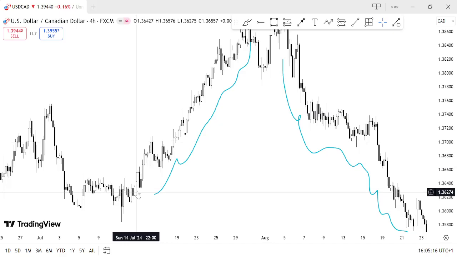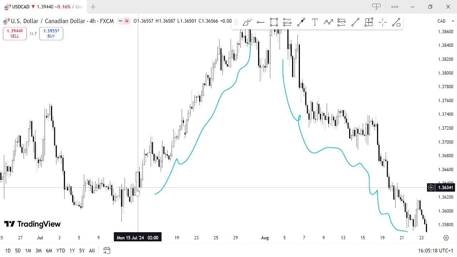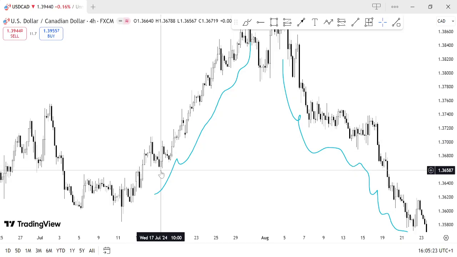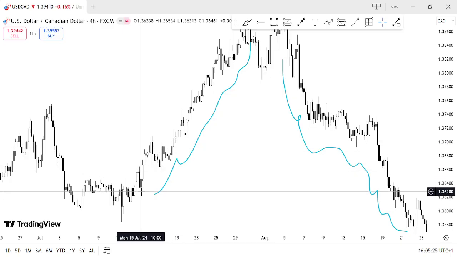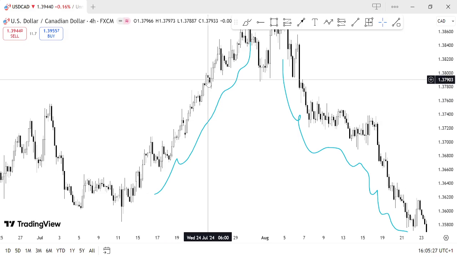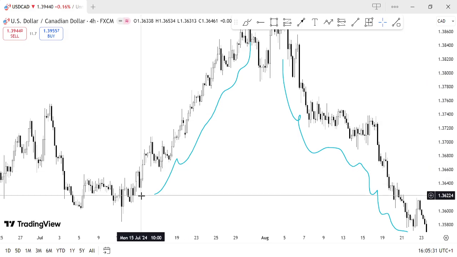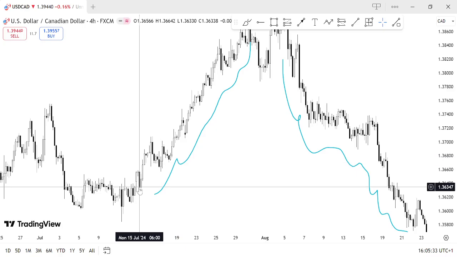So in reference to this low and this high, this right here is a lower low compared to this low. So that means the market is forming another low. I mean, this is a higher low compared to this low. The market is forming another low higher than the previous low. Let's take this as a start or as a reference.